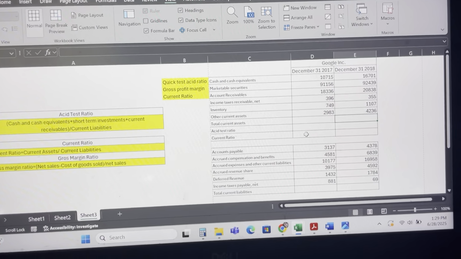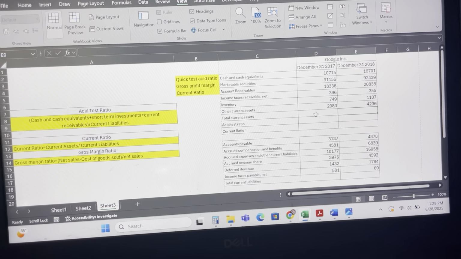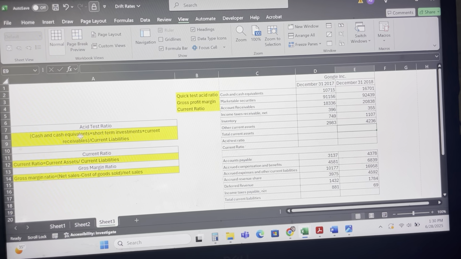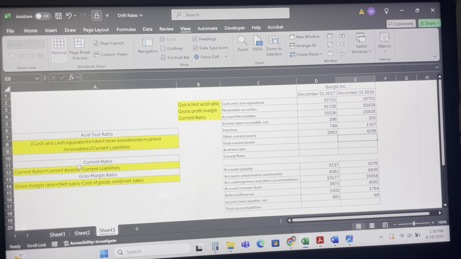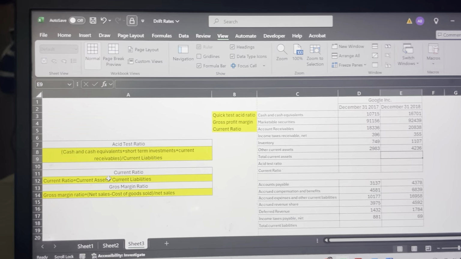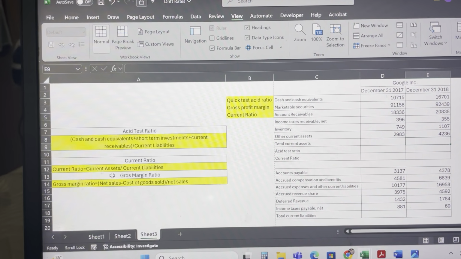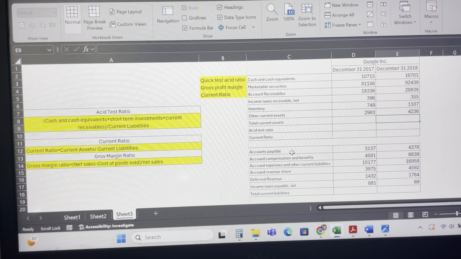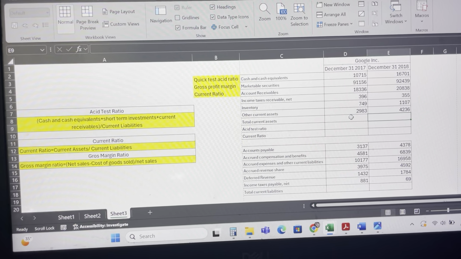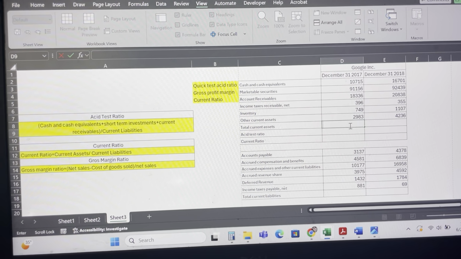Okay, so first of all, let's start with the current ratio. And the current ratio, as you can see, asks us to do current assets divided by current liabilities. So let's calculate total current assets.